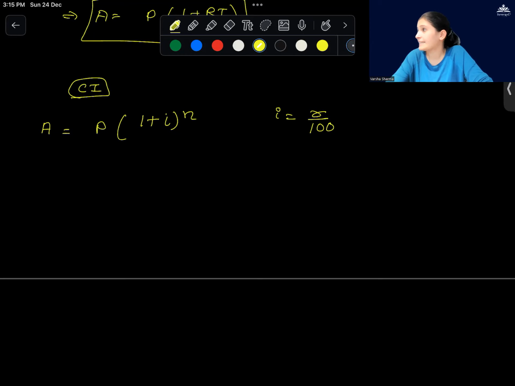We make it half. And then for 6% the compounding value will be 1.06. How do we do that? 6 by 100 plus 1. Clear? 12% quarterly: first we divide it by 4 to make it into the quarter, that is 3%. Then the compounding value will be 1.03. In 1 year, annual interest is only once.